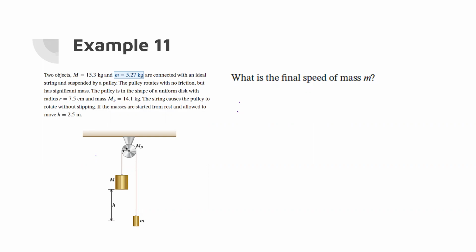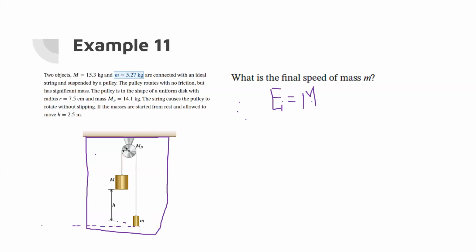And so if I take this as my system, I can look at the energies in the system. My initial energy, since it starts at rest, is going to be equal to, I should define my potential equal to 0.